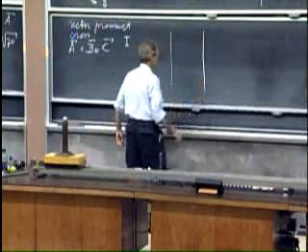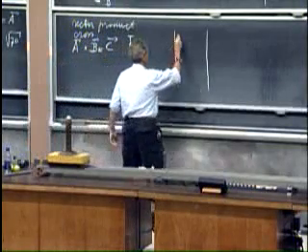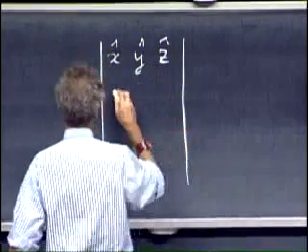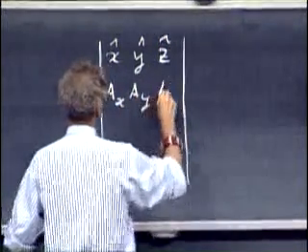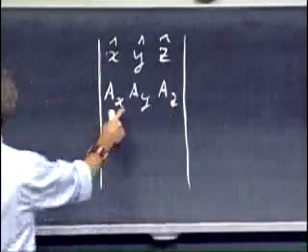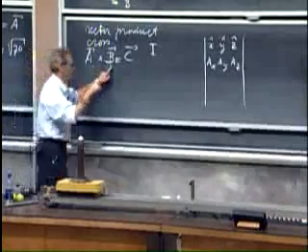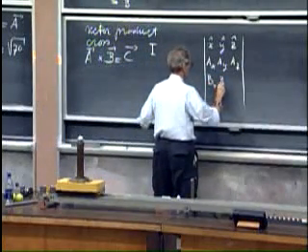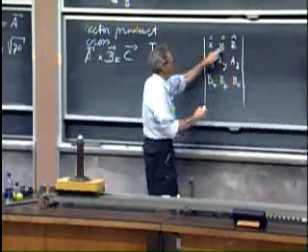You write down here a matrix with 3 rows. The first row is X roof, Y roof, Z roof. The second one is A of X, A of Y, A of Z. It's important, if A is here first, that second row must be A. And the third row is then B: B of X, B of Y, B of Z. So these 6 are numbers, and these are the unit vectors.